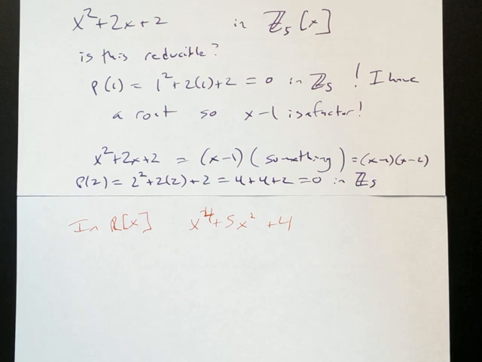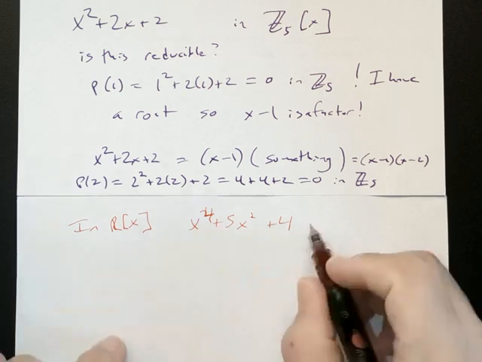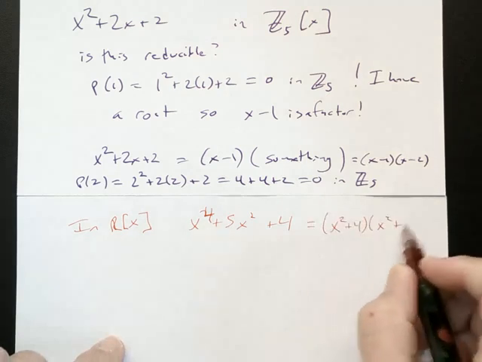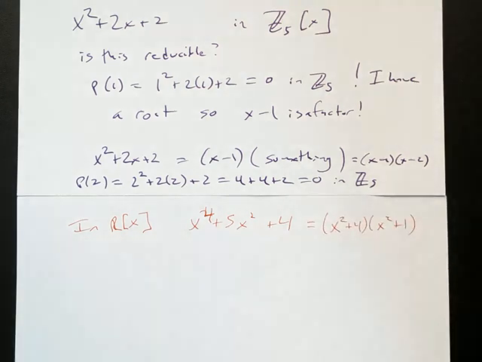Can you factor that? Would it be x squared plus 4 times x squared plus 1? Aha. So that's reducible. Yet, it doesn't have any roots in R.